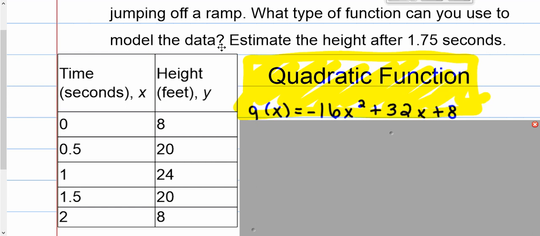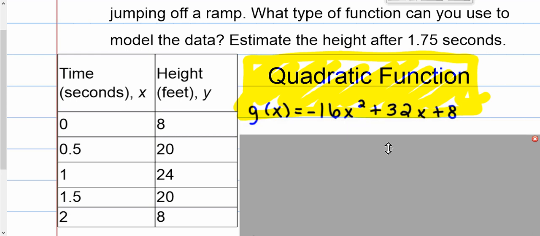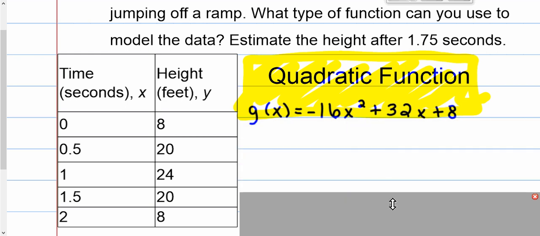Now, it says estimate the height after 1.75 seconds. So we're estimating the height, we're estimating y, and we're given 1.75 seconds. So we can plug that in.